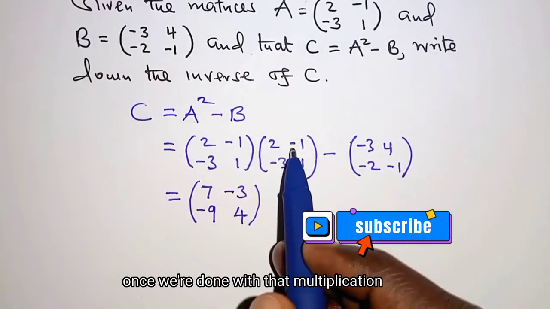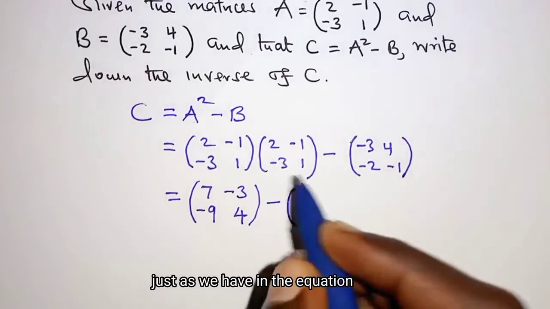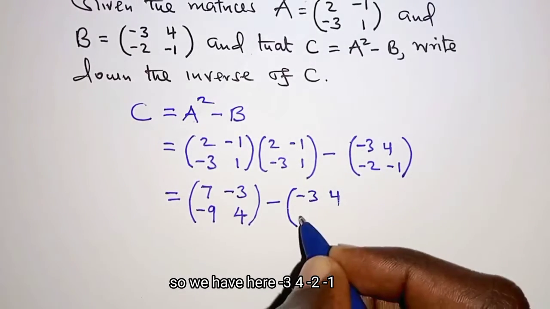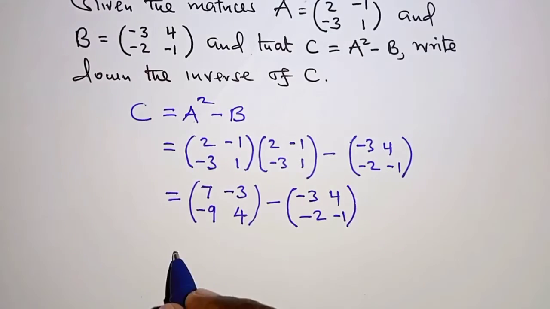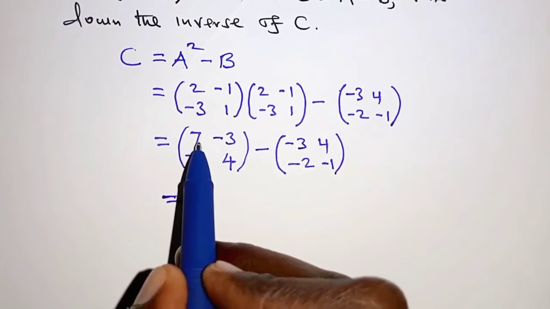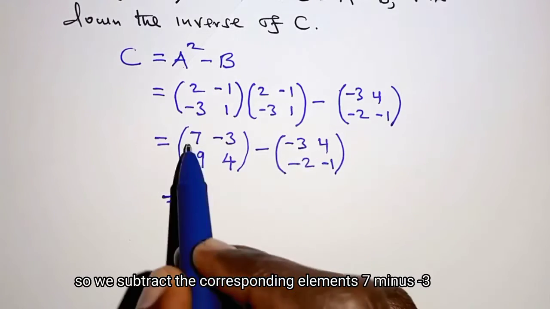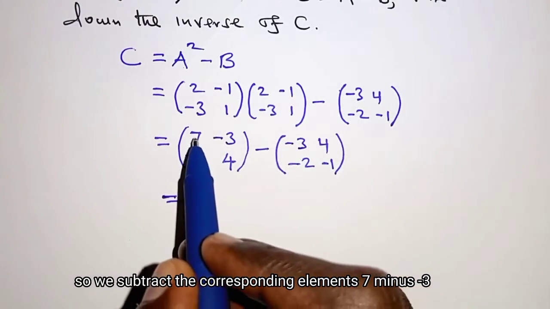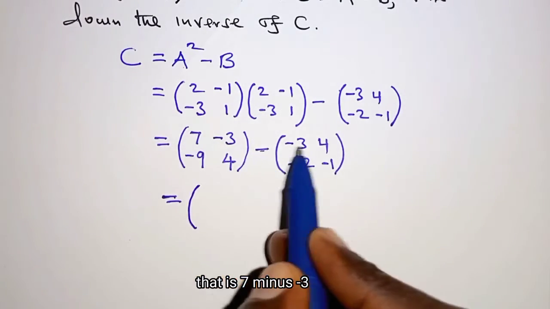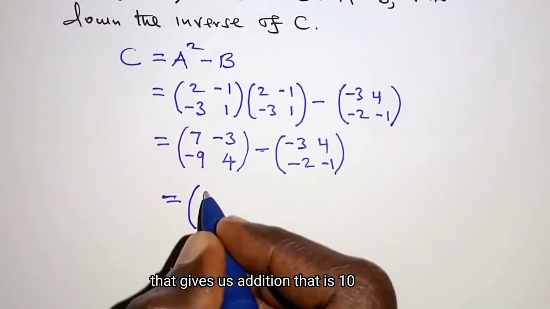Once we are done with that multiplication, we subtract the second part, just as we have in the equation. So we have here [-3, 4; -2, -1]. Subtracting, element 7 corresponds to element -3. So we subtract the corresponding elements. 7 minus -3, that gives us addition, so that is 10.